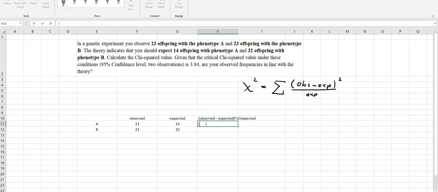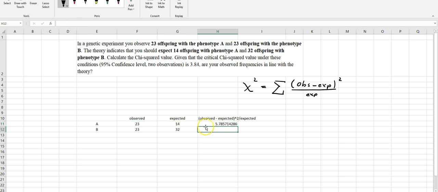We just take observed, this data point, with a bracket around it, minus the expected value. We square this and divide it by the expected number.